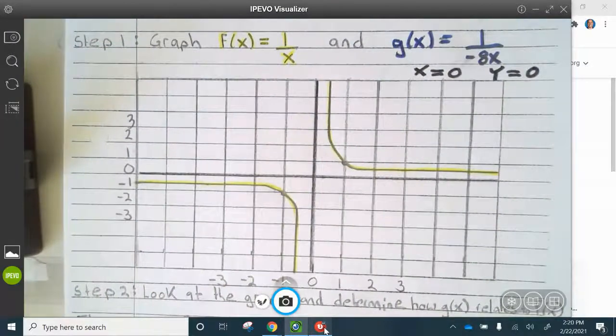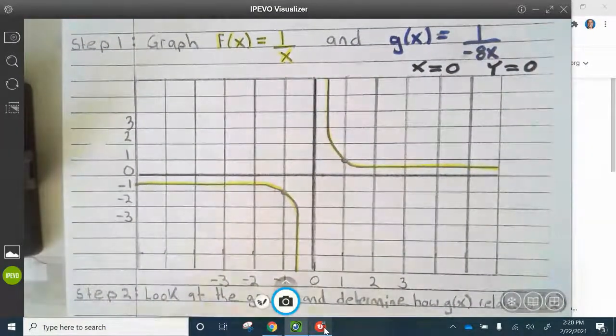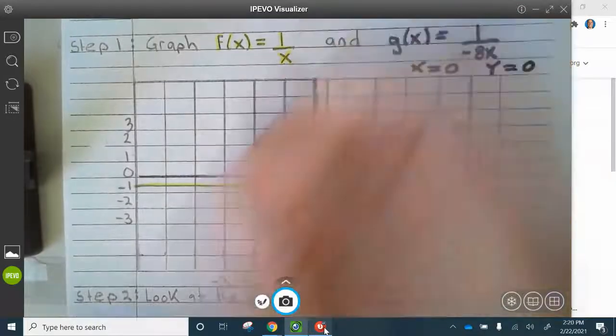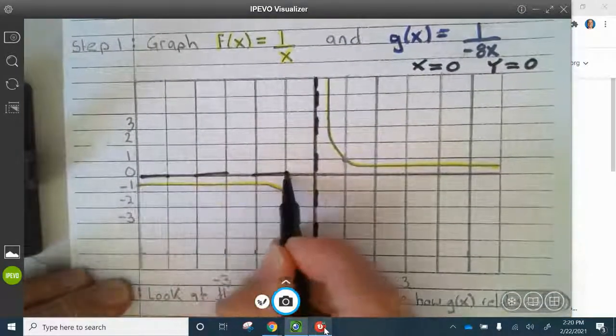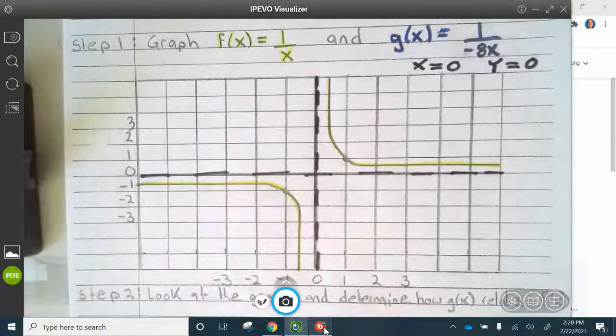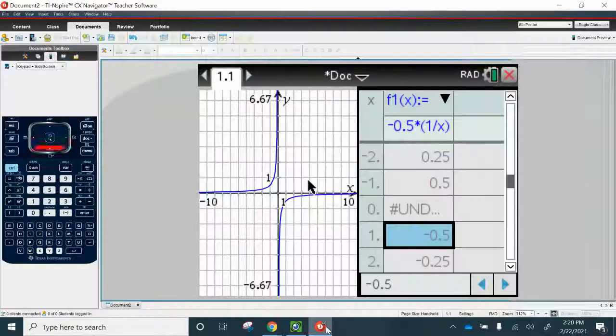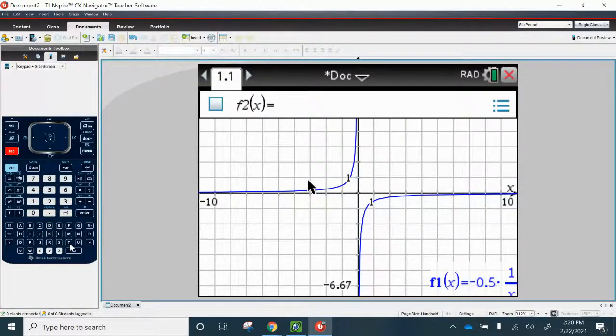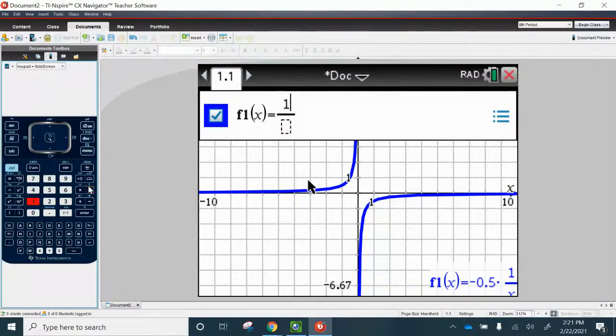Okay, so let's graph this. So control T, get rid of the table. Tab, delete that. Control, divide 1 divided by negative 8x. All right, and it looks like, again, we're going to have to use decimals. So press Control T. We know our asymptote is at 0.